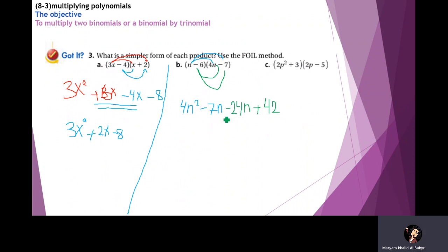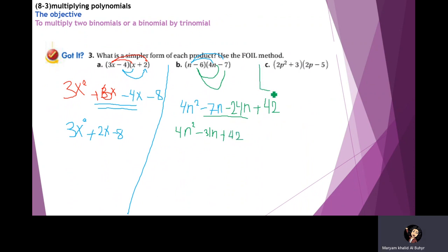So that's the idea. Now, these are exactly the same. Since these are exactly the same, you are going to add them or subtract them. So drop 4n squared, minus 7 and negative 24, it is minus 31n plus 42.